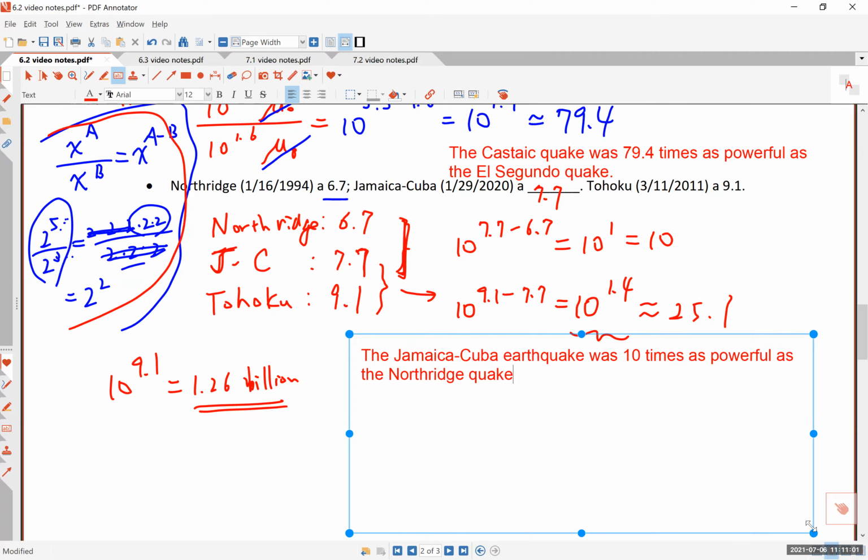That caused devastating and dire consequences, right? And that is not to minimize the damages caused by the Jamaica-Cuba earthquake, but you can tell by the mathematics here that the Jamaica-Cuba earthquake had 10 times the level of energy released by the Northridge earthquake.